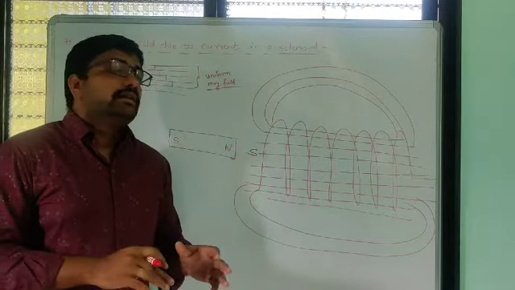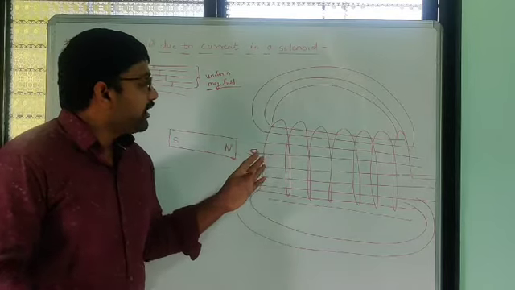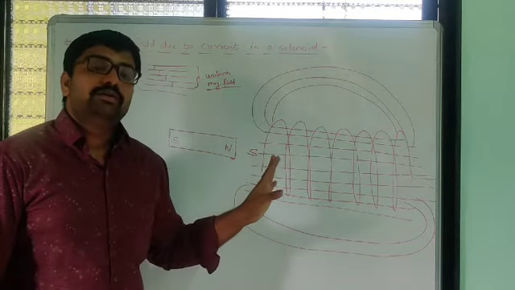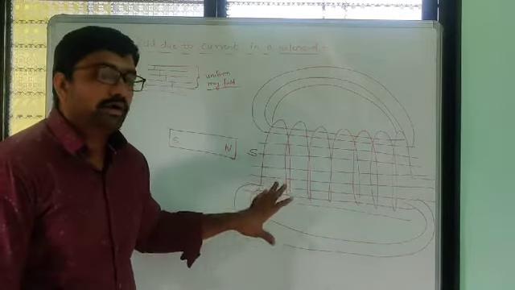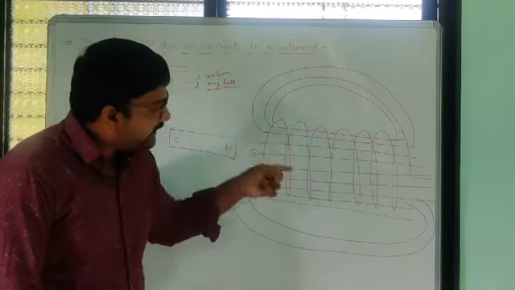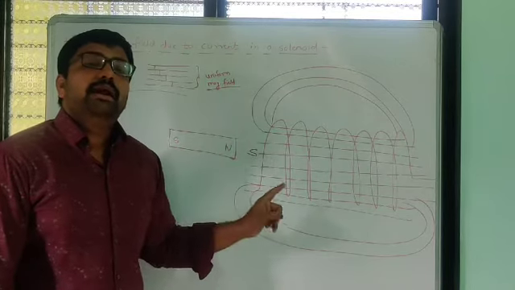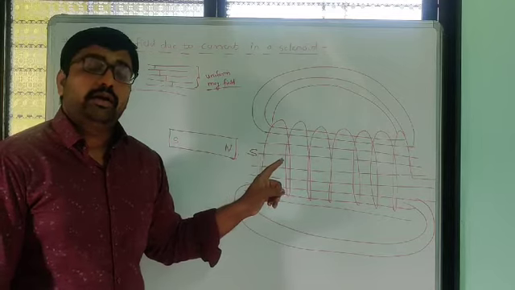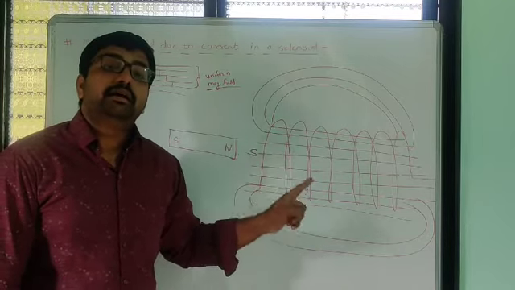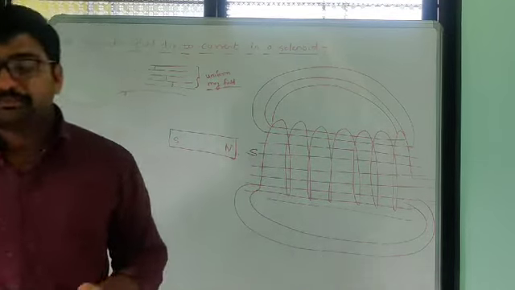This is the concept given in our book, the magnetic field due to current in a solenoid. Just like a bar magnet, a magnetic field is produced around a solenoid when we pass electric current through it.